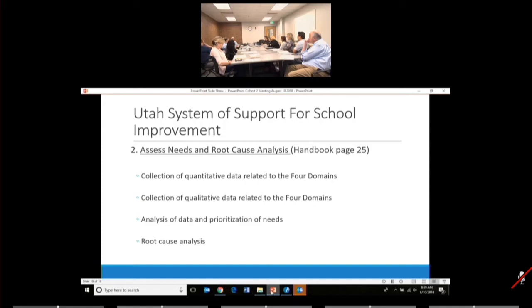Some schools exist in umbrellas of larger organizations such as Kennedy within Granite District. And they have different sets of supports that need to be considered. For example, Granite has systems coaches that have been working on an ongoing basis with such schools. And they're already down the road on some things that you might assume would be needed.